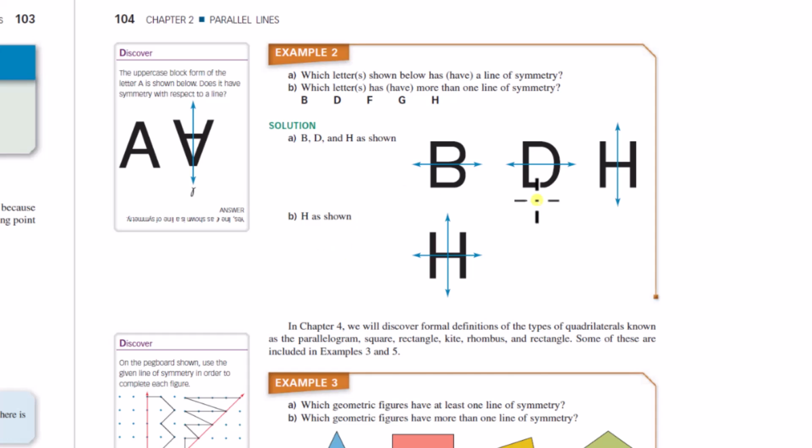If we're thinking about, okay, does D have symmetry with respect to this line? Well, we can find some points on D that are corresponding with respect to this line. But if we can find just 1 point, okay, here's a point on D. Let's draw a line that's perpendicular to this line of interest.